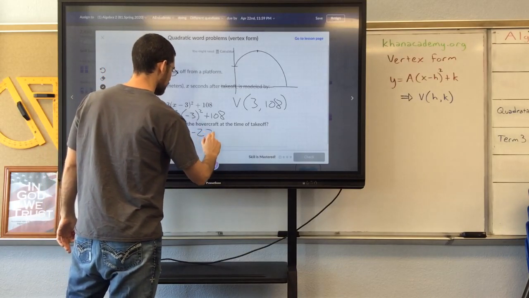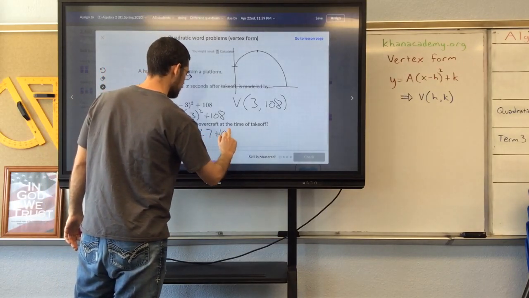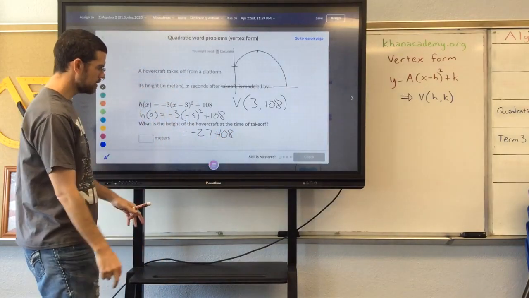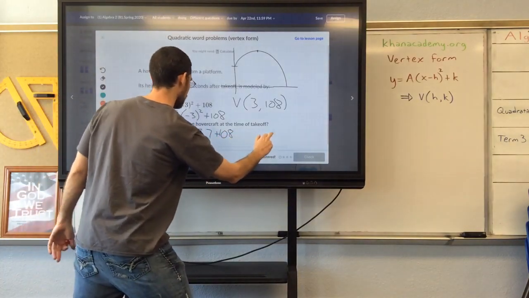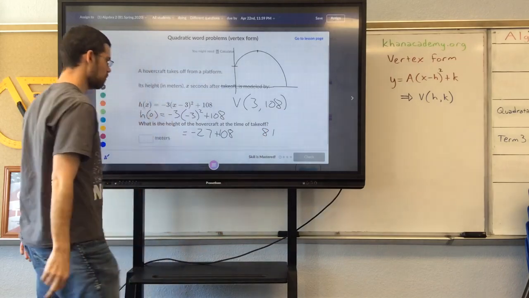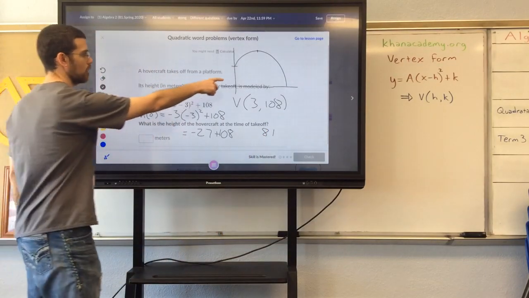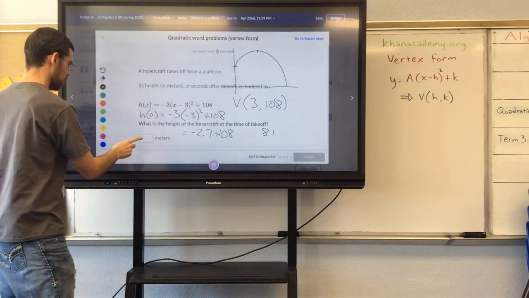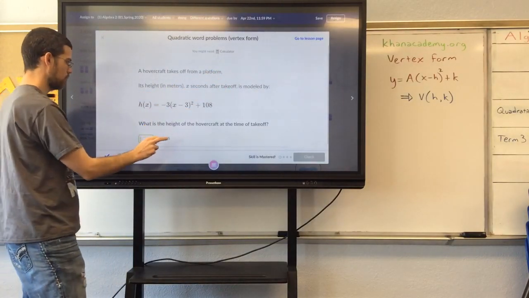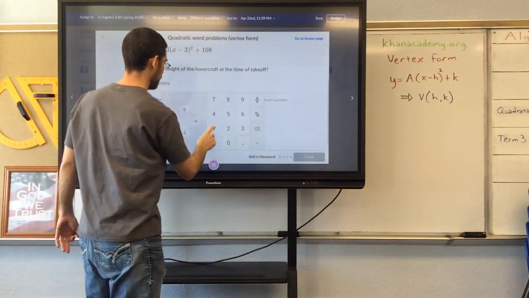So -27 plus 108 is, oh what? It's 81. Okay, so at time 0, we're 81 meters off the ground.